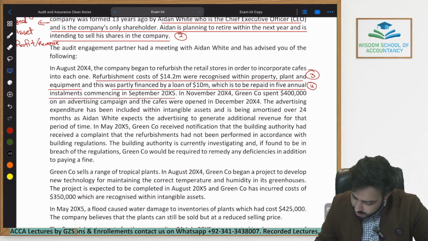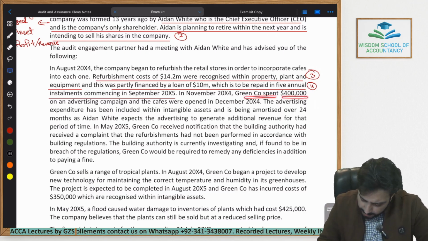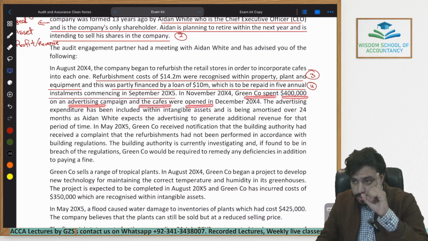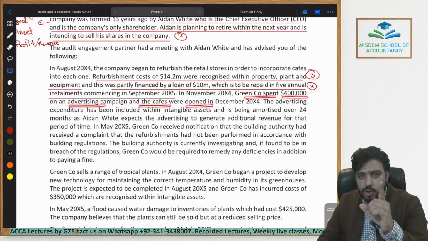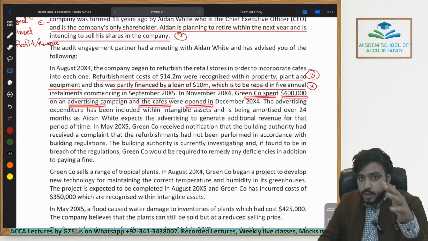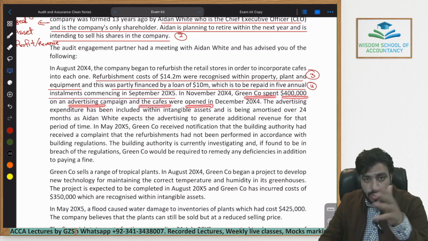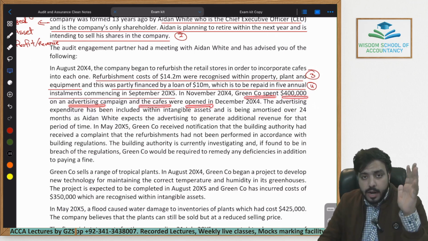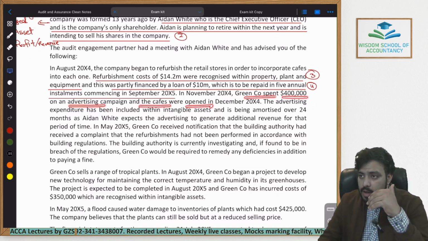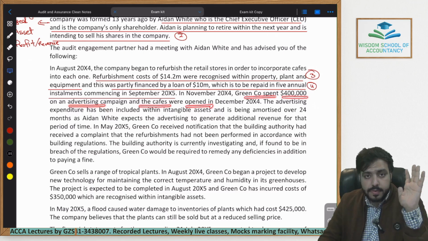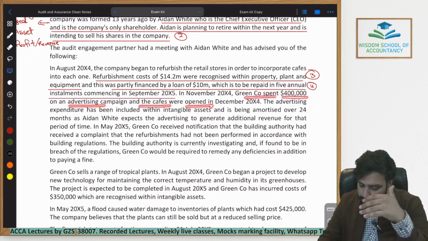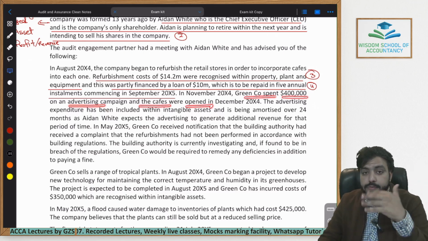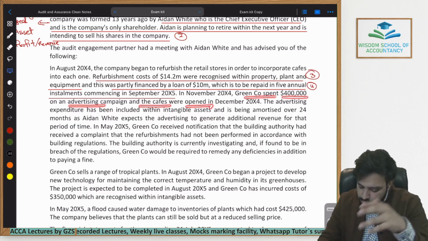Let's read it. Green Corporation spent $400,000 on an advertising campaign, and the cafes were opened. So basically, they were opening new cafes in order to make sure that the customers got to know about the new cafes being opened within the stores of Green Corporation. Even though they sell gardening equipment and gardening furniture, they are still opening cafes from which we will be able to have tea, fruit juices, coffees and so forth.